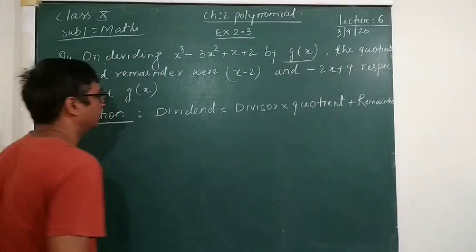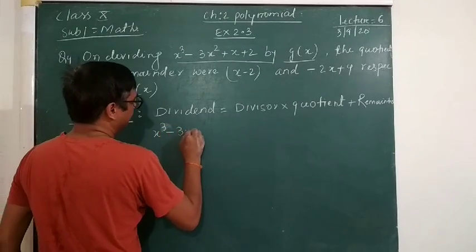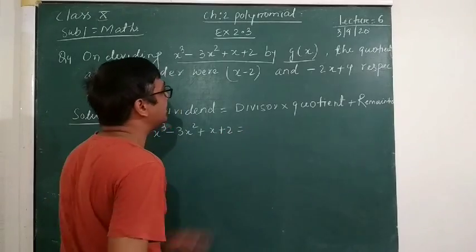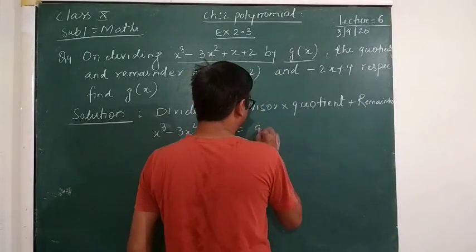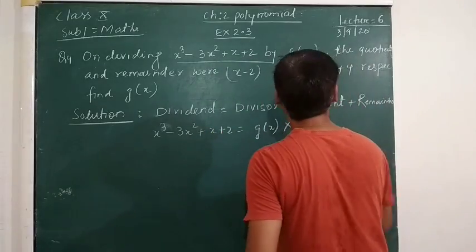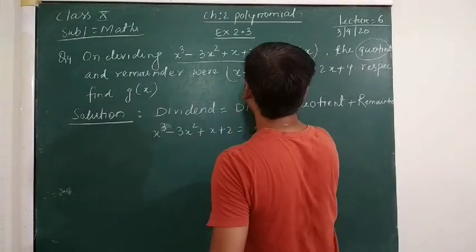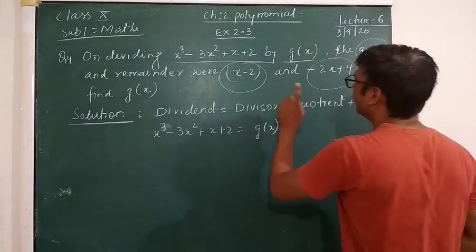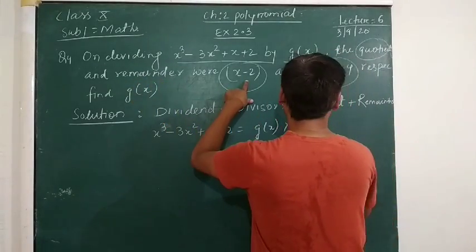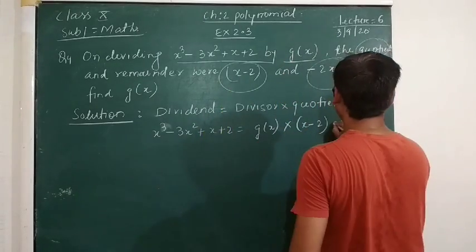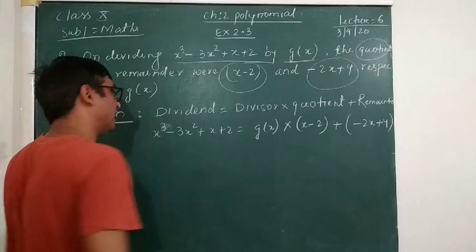Now the dividend is the given polynomial, so you write here x cube minus 3x square plus x plus 2 is equal to the divisor, gx, into the quotient, plus the remainder. The quotient and remainder are x minus 2 and minus 2x plus 4 respectively. So we have to find this part.